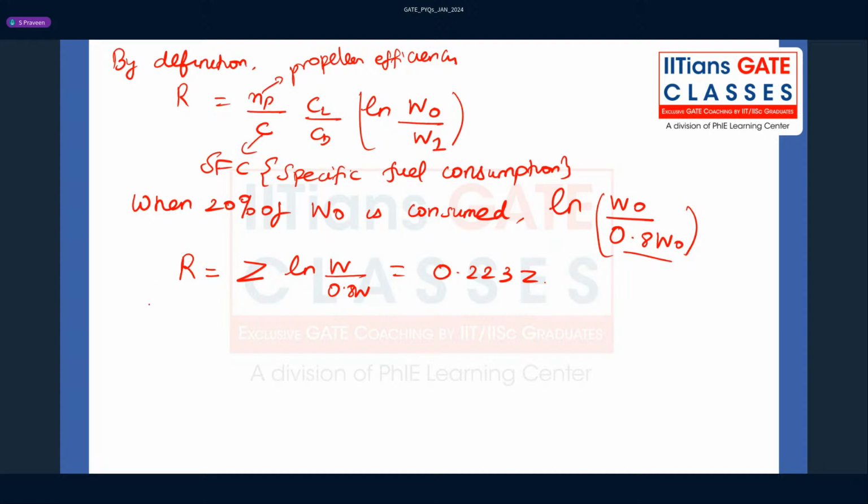Next is when he's saying that 50% of fuel is consumed. That is, the fuel consumed is equivalent to 50% of the takeoff weight. That's the meaning.